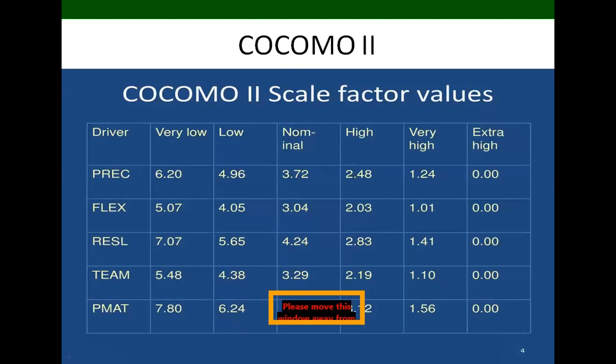The greater the novelty of the new system, the more uncertainty exists. So here we have taken the similarity, which means we take the PREC value as very high because it is similar to the previous project. So we are taking PREC very high, that is the value 1.94.